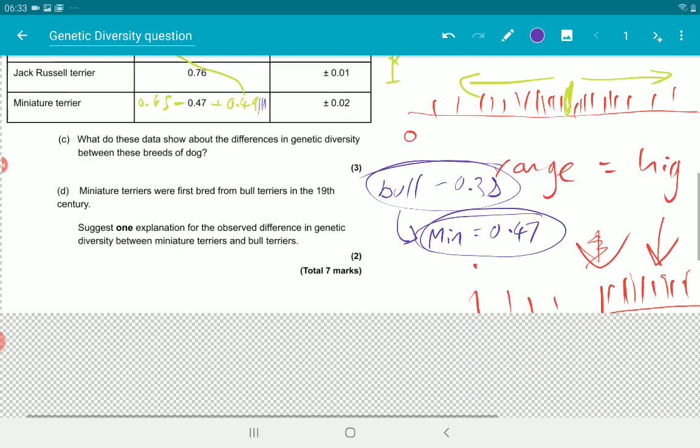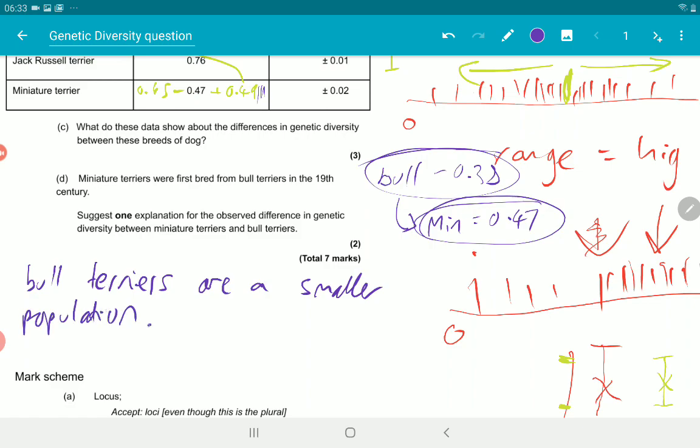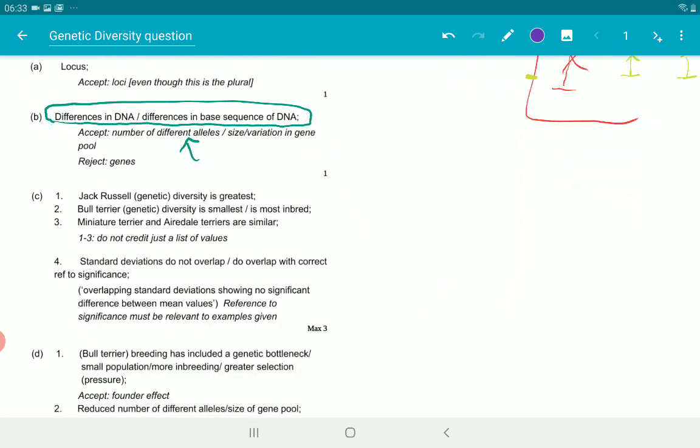So you could say that the bull terriers are from a small population. It could be that there were a lot of them, and then the population size fell. Now we have a name for that, and it's on the mark scheme down here. It's called a bottleneck.